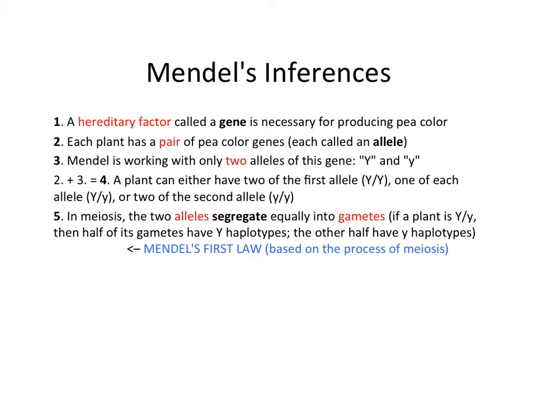But any one individual only gets a maximum of 2 of those versions because we're diploid. Peas are diploid too. So the number of alleles that exist is limitless. Number of alleles in a diploid, 2.